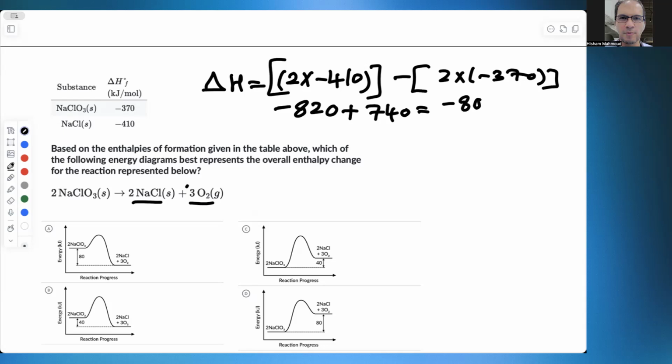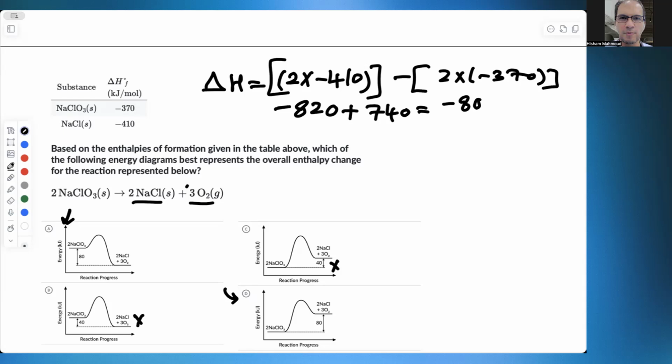So the answer can be either A or D, but it cannot be B or C, because B and C are 40. So 40 is an incorrect answer.